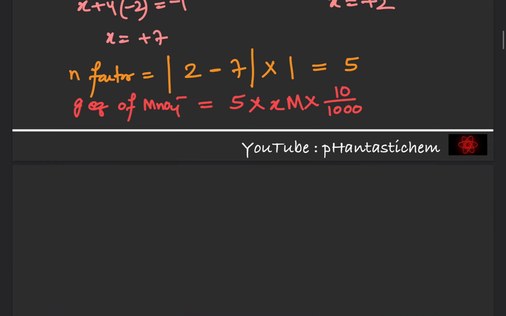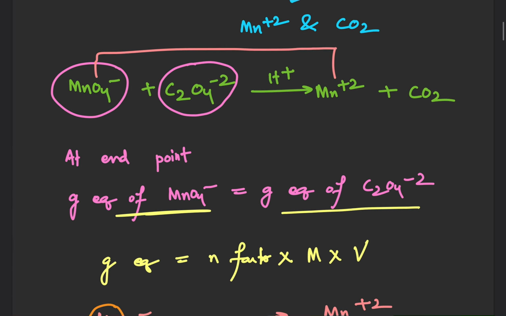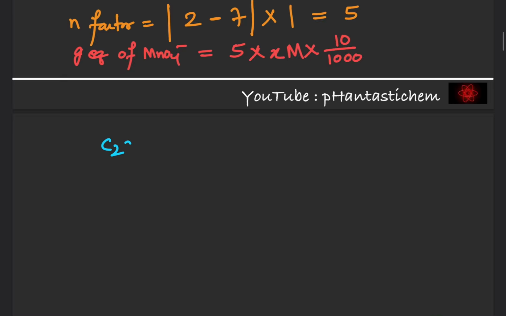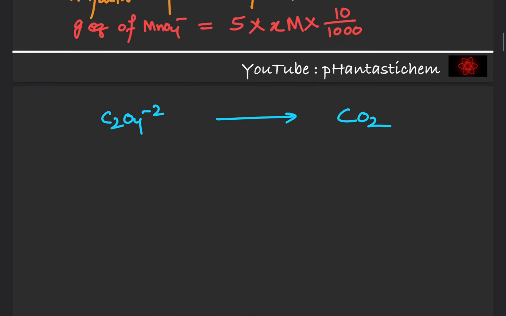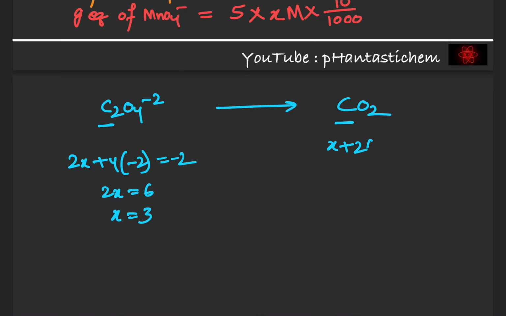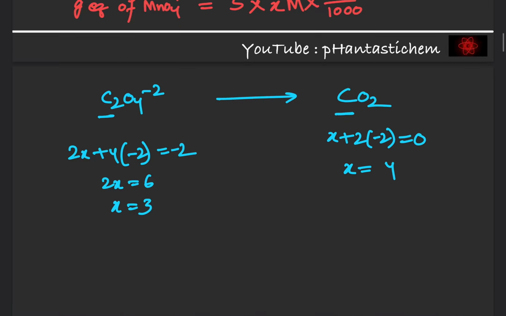For C2O4 2-, it is changing to CO2. Let's calculate the oxidation state of carbon in both. 2x plus 4 into minus 2 is equal to minus 2, so 2x is equal to 6, so x is 3. Here, x plus 2 into minus 2 is equal to 0, so x is 4.